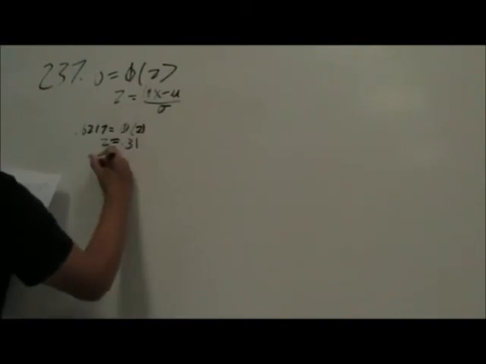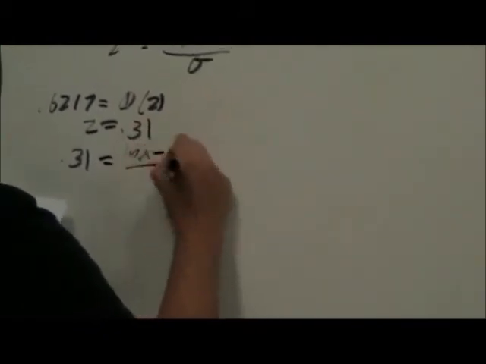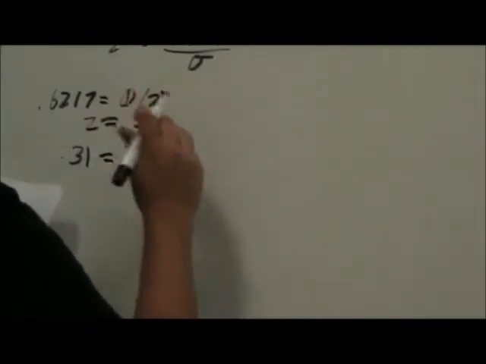So now you have 0.31 equal to (ln x minus mu) over sigma.